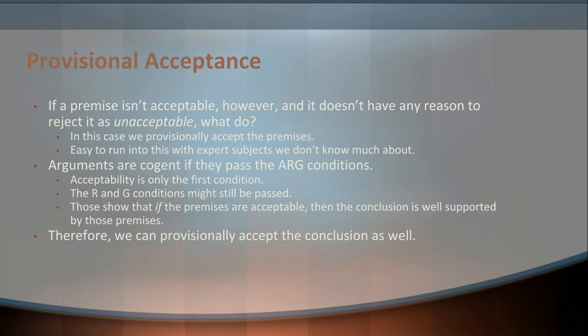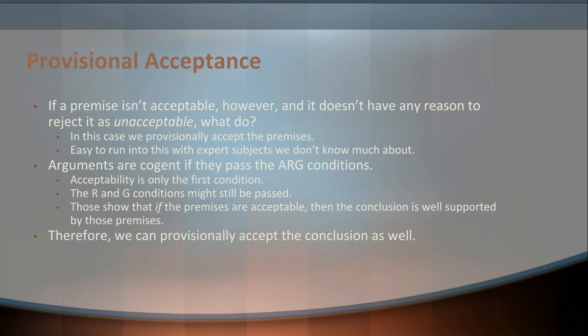If that's the case, we can still look at how the premises relate to the conclusion in terms of relevance, and we can also look and see whether or not they give sufficient ground for rationally believing the conclusion. So we can give a provisional acceptance of the premises and then provisionally accept the conclusion.